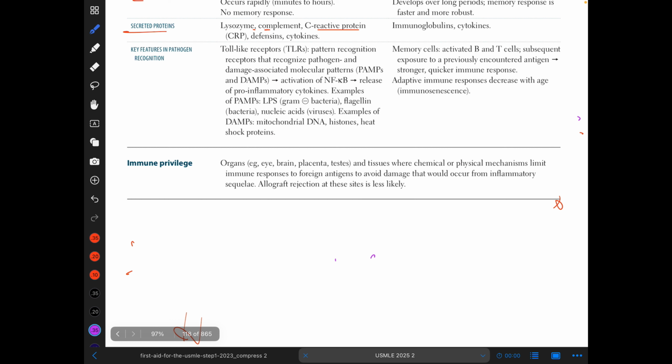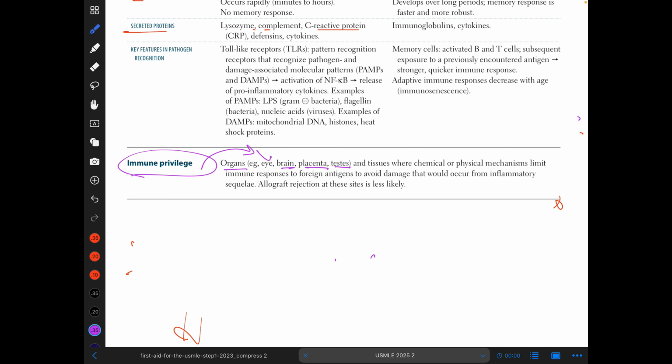Now we have our next topic, that is immune privilege. Immune privilege means some of our organs have a less active immune system for some reasons, and our immune system is not exposed to those parts of the body. These organs include the eyeball, the brain, placenta, and testes. One reason is that there are blood barriers, and they are not exposed to the immune system as much.